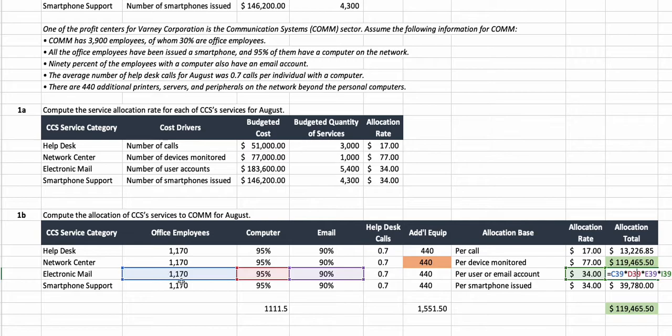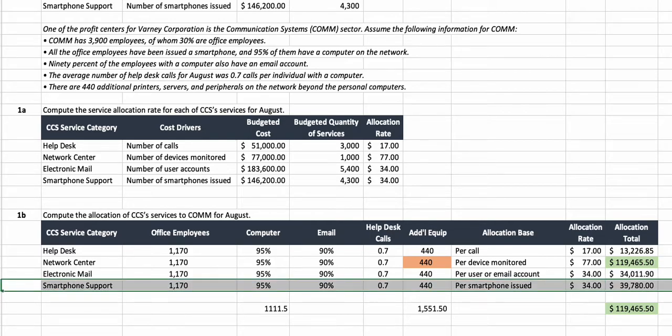So I first want to pick up my universe of 1,170, multiply it by the 95% for the computer, multiply it again by the 90% for the email, and then finish it off by multiplying that number with the allocation rate of $34. And that gives me $34,011.